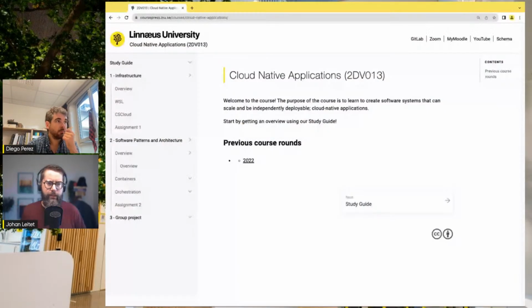If we visit the course homepage now, you will see that both infrastructure and software patterns and architectures are now open. That means we are in a transition phase between those 2 parts of the course. Starting today, we enter software patterns and architectures.